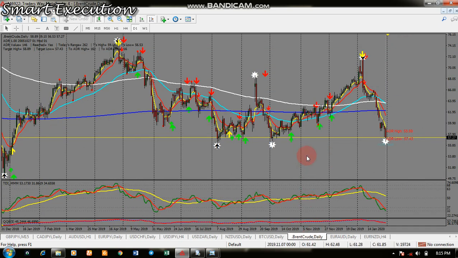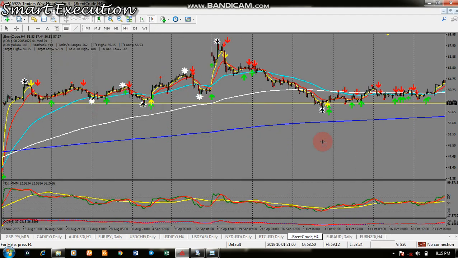And then we move on to Brent crude. This is the daily chart. These guys are going to do a small pullback. Why am I saying a small pullback? This is your level 1 on daily. Okay, wait, I'm going to do this so that you understand what I'm trying to say here.